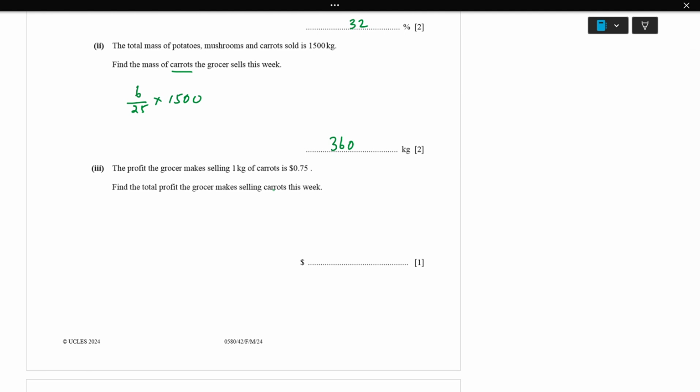The profit is 0.75 per kg, and he sold 360 kg, so 0.75 times 360, which is 270. 270 is the profit for this week.